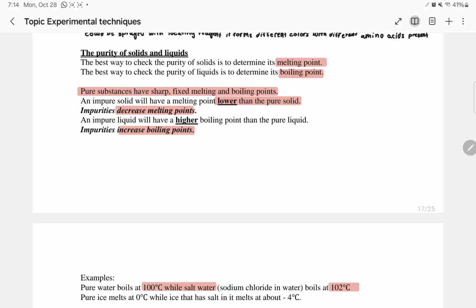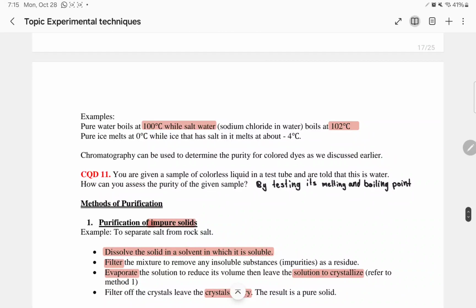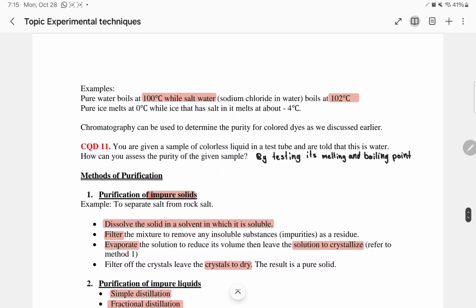And you will never find pure water that does not freeze at exactly 0 degrees Celsius. If they do not do so at exactly these numbers, they are not pure. But when you mix water with salt, it boils at 102.